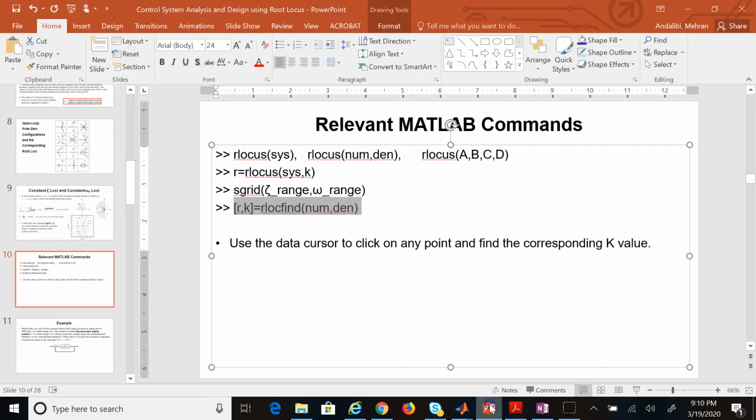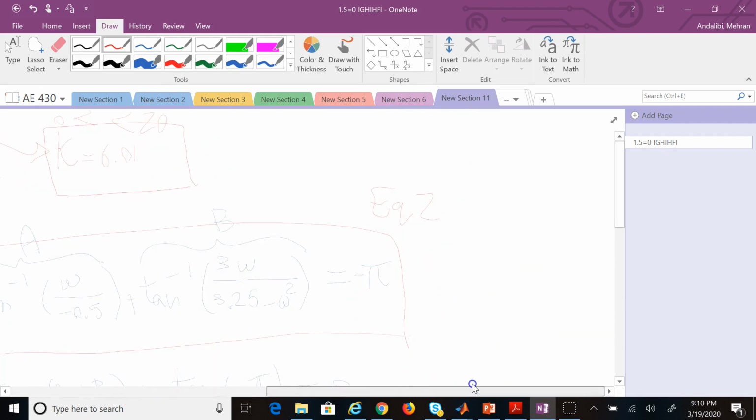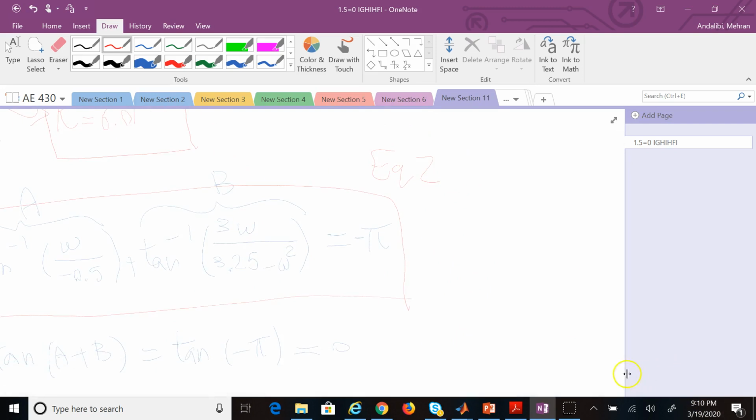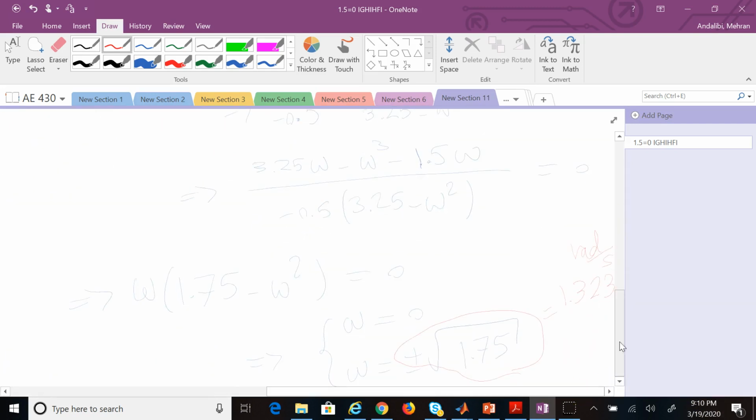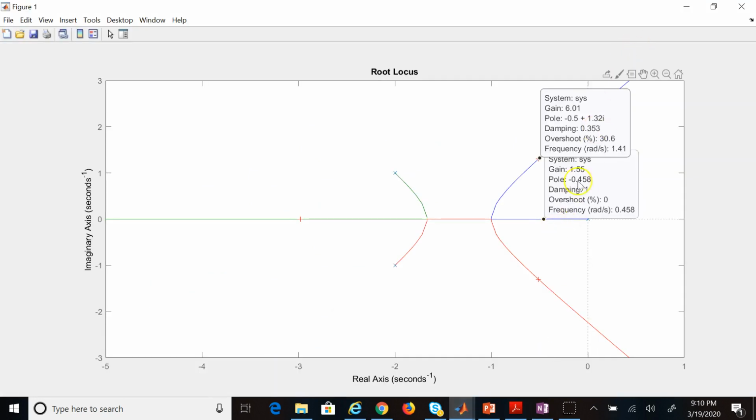So for some reason I made a numerical mistake here. This is not 7.01, it's 6.01. That's the gain at that point, but again, the omega that we found is correct. It's 1.32, and you see MATLAB is giving us 1.32 at that point.